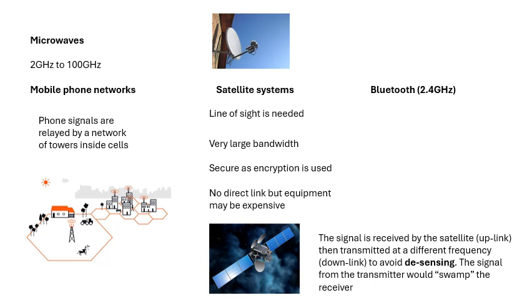There is a danger that the signal that it sends out will just swamp the receiving part of the satellite. So you send it at a different frequency, so that the receiver and the transmitter are working at different frequencies, and that's to avoid desensing, as it's called, where you swamp the receiving dish with what's coming out of the sending dish.